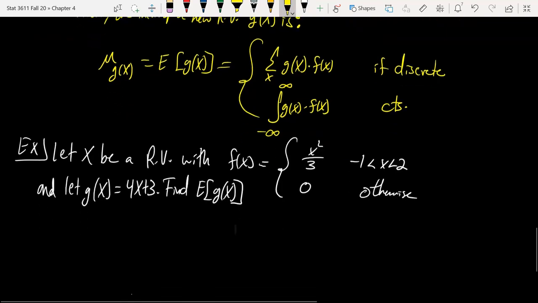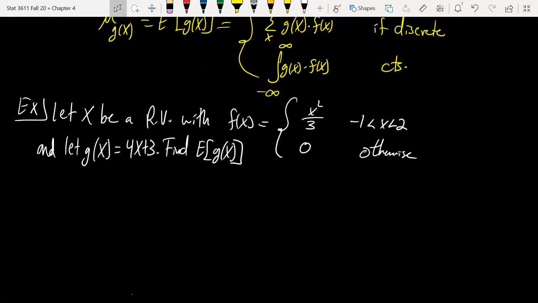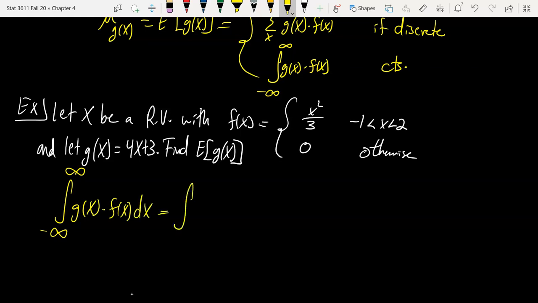Based on this definition, or this theorem above here, we're going to integrate over all possible values, and we'll adjust our bounds in a second based on our PDF. But it's supposed to be g of x times f of x, dx. Okay, here we go. Bounds go from minus 1 to 2 in this problem. And g of x is 4x plus 3.